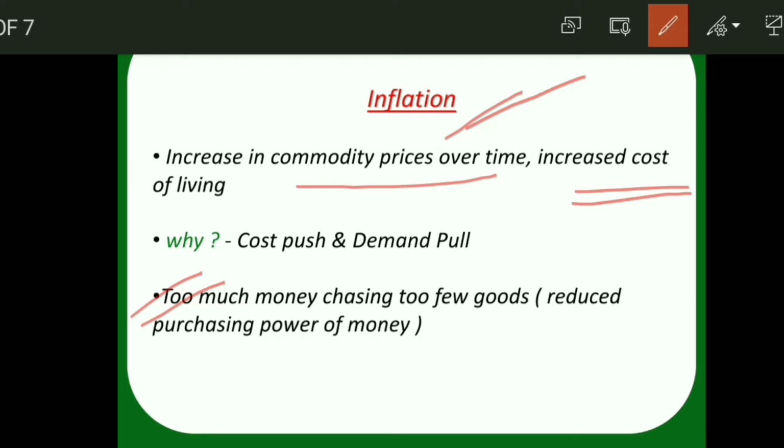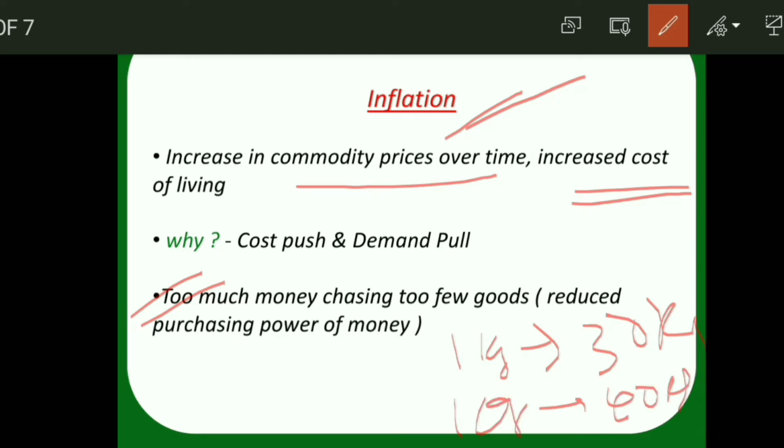For example, last year 1 kilogram of rice was sold at 30 rupees, but this year the same 1 kilogram is sold at 40 rupees. So more money is needed now to buy the same quantity of goods. This is inflation. Okay, the reasons for inflation are generally 2 types: cost push and demand pull.